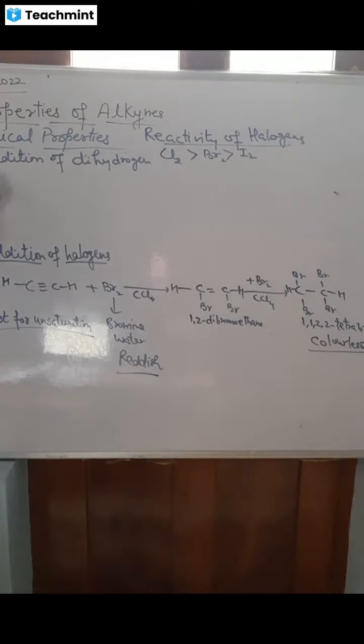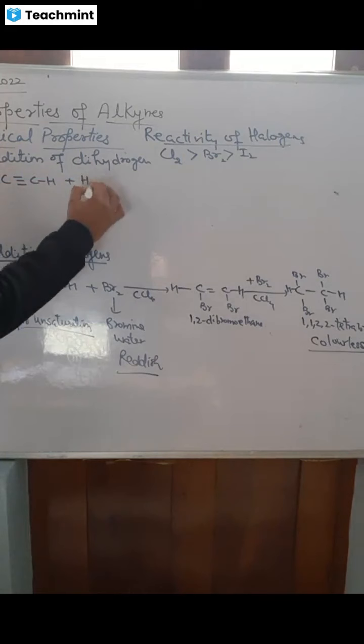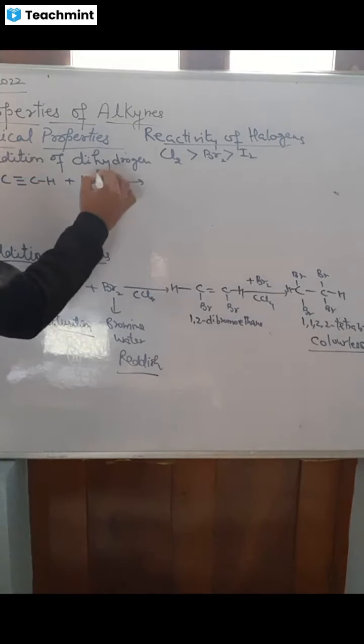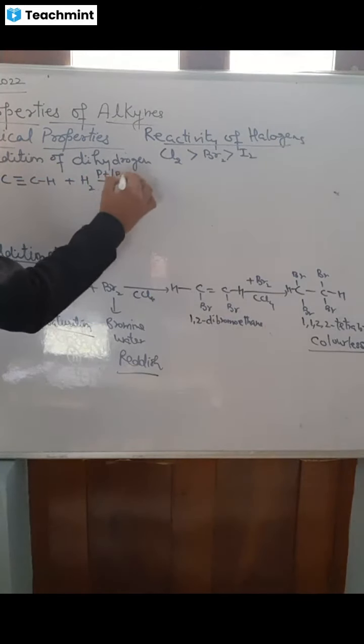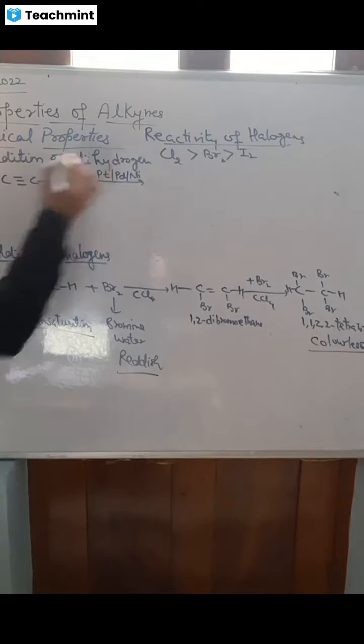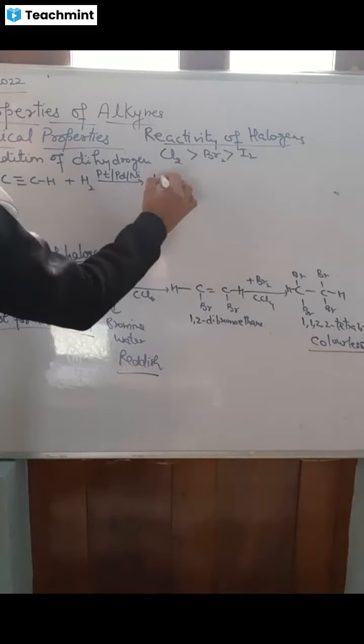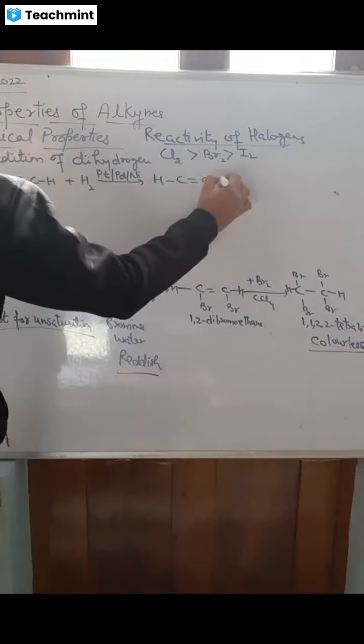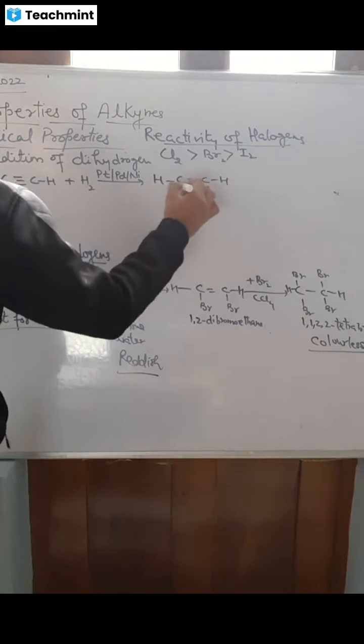It takes place in two steps. First is H2 in the presence of platinum, palladium, or nickel, which will convert it into an alkene first.